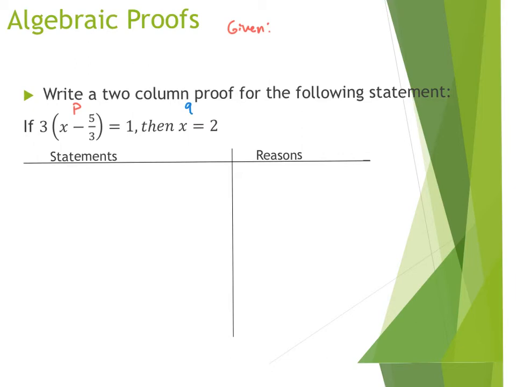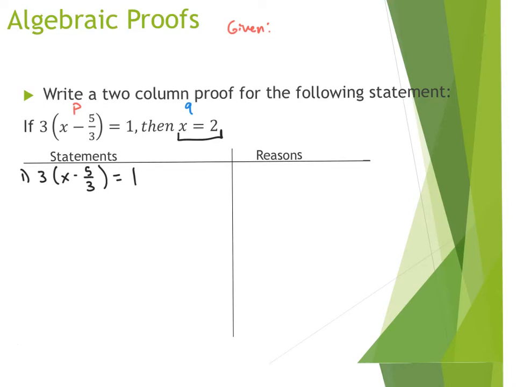Now remember, as I write this down, you cannot use the word in the definition. A common mistake I see on these is people plug in and then they do something. You are not going to write x is equal to 2 until the very last step. Do not plug it in.